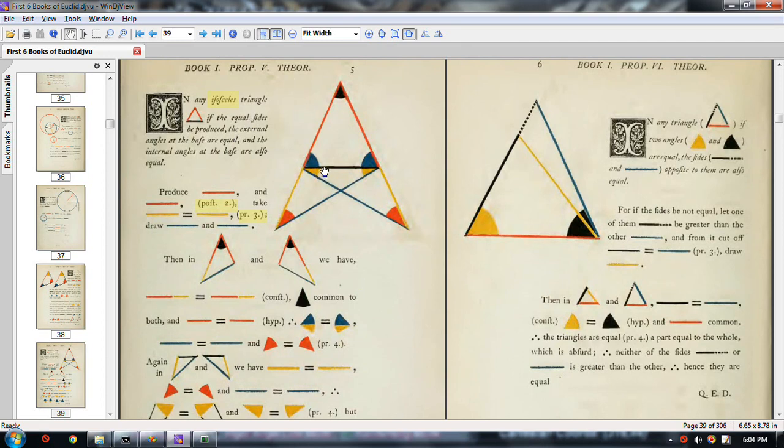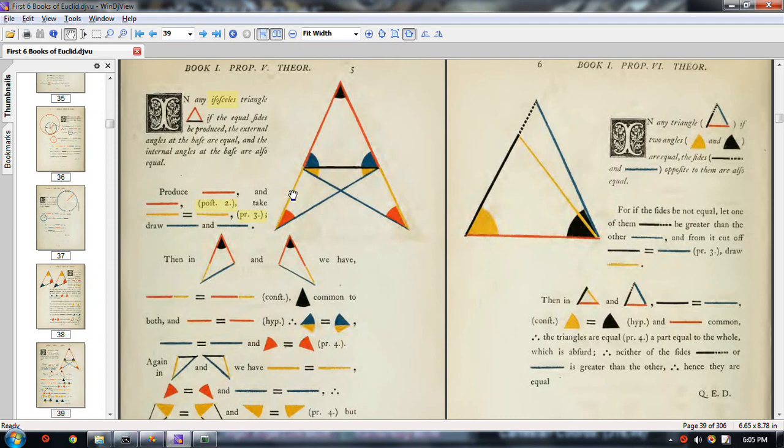The result is to show that these two angles, the blue ones, are equal. So in an isosceles triangle, now the equal sides are given because it's an isosceles. If they be produced, that is extended, the external angles, external means this part, not internal, external.